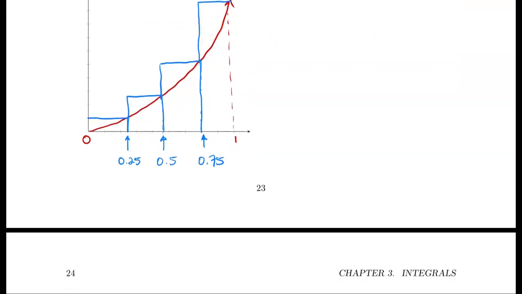So let's say that this height here is h1, this height here is h2, this height here is h3, and the last one is h4. Let's calculate each of the heights. The height here would just be the function evaluated at that specific point.